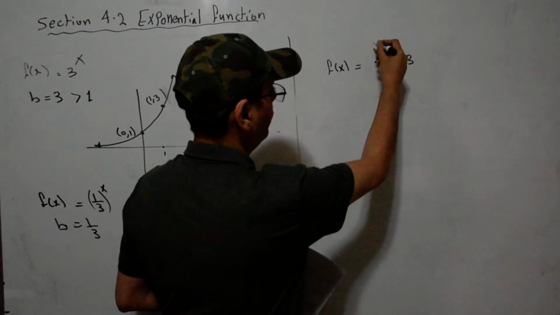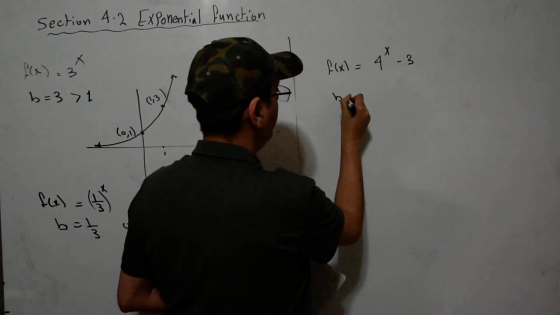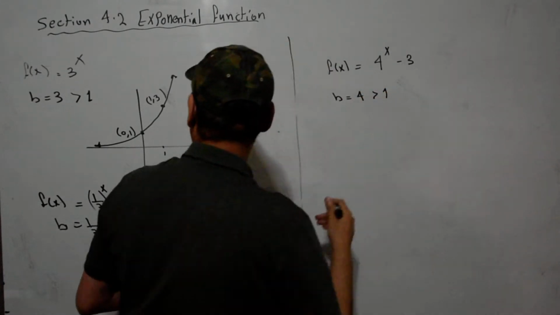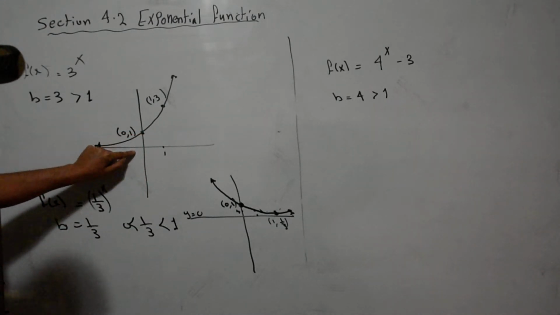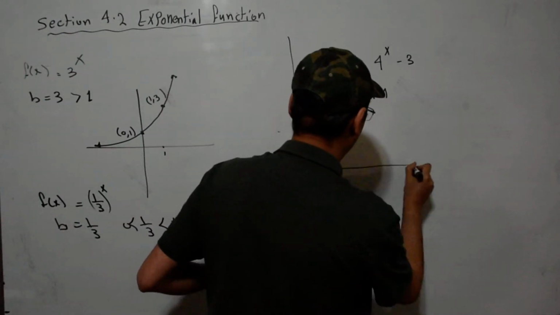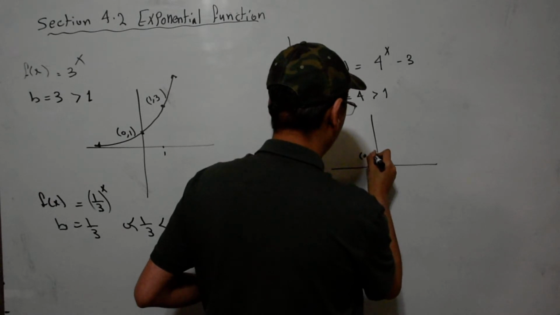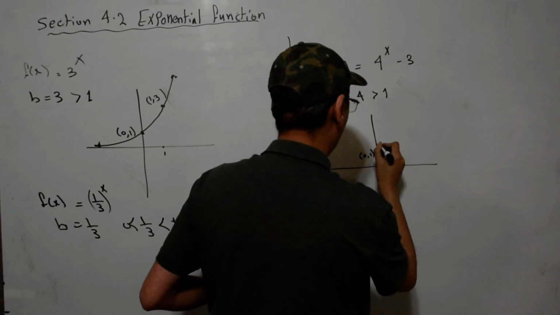I'm going to start with the original function, 4 to the 2x. So b is 4. This is greater than 1, so the function looks like this. It passes through (0, 1) and (1, 4). So I have (0, 1) here, and then (1, 4): 2, 3, 4.